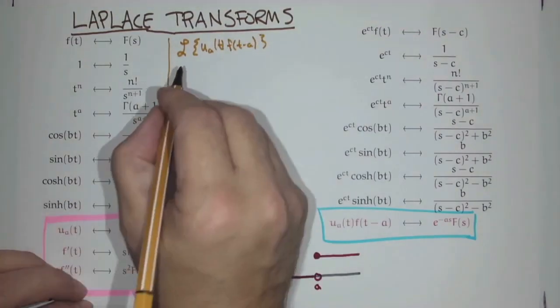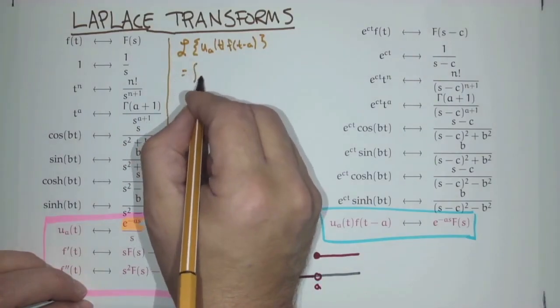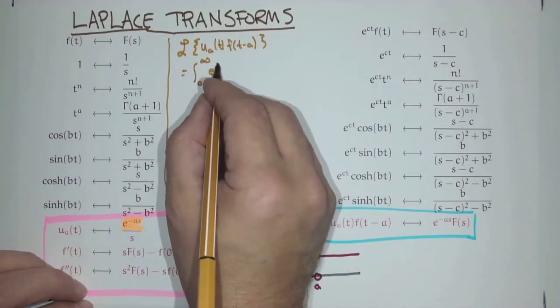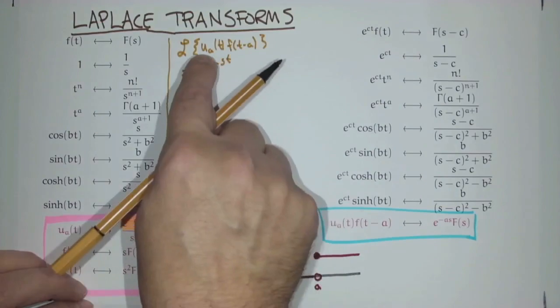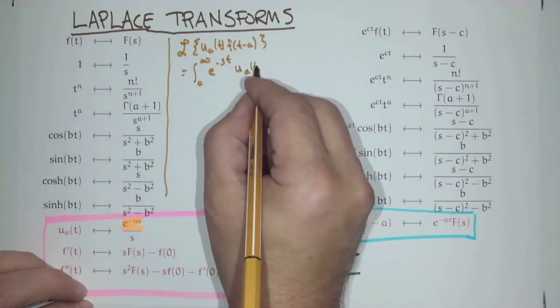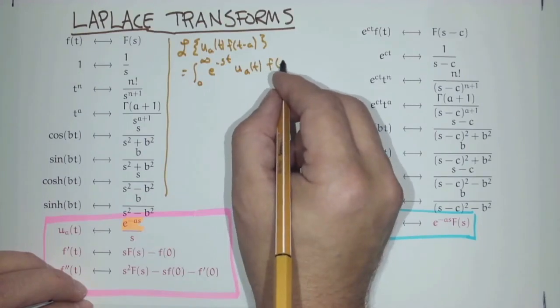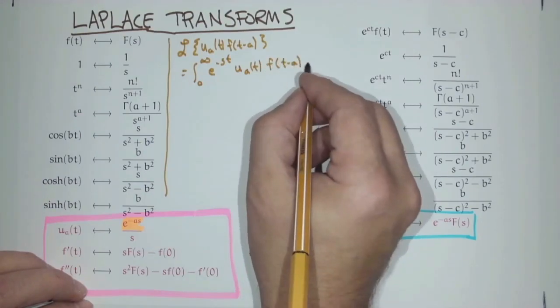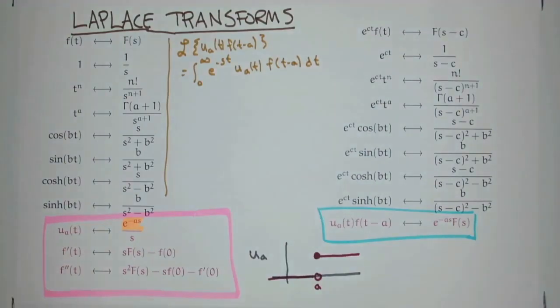By definition, it's the integral from 0 to infinity of e to the minus s t times what we're taking the Laplace transform of, u sub a of t, f of t minus a, dt. So we just have to figure out what that is.